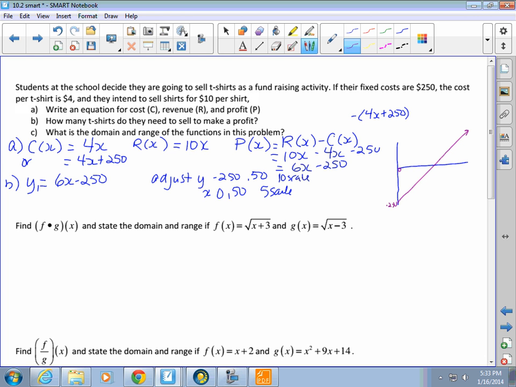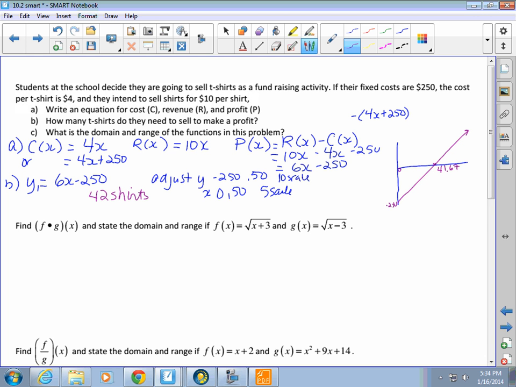So it says 41.67. So basically at 41.67, that's this point right here. That's when you're going to break even. So to make a profit, you're going to need to sell 42 shirts. That will make you a profit.